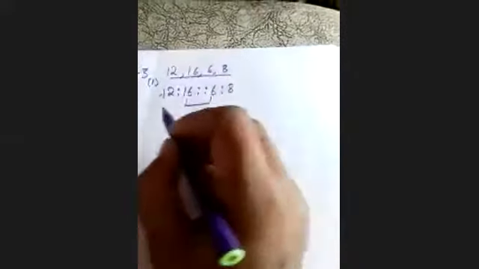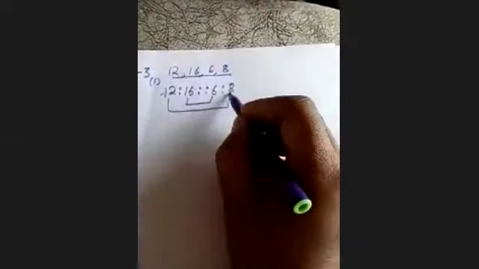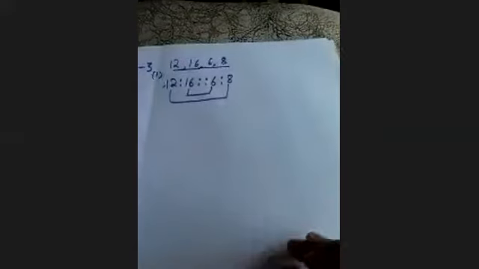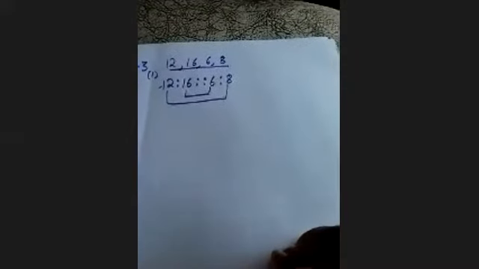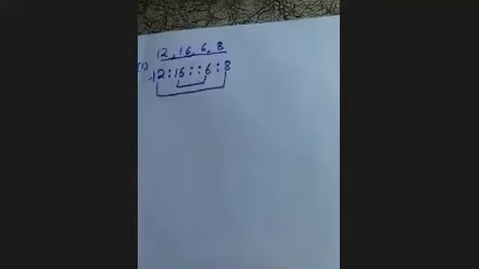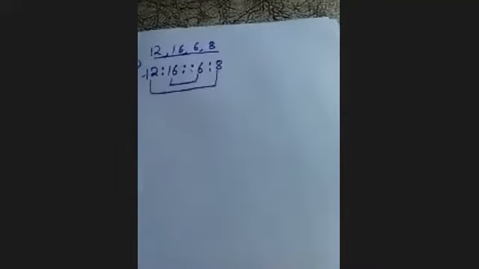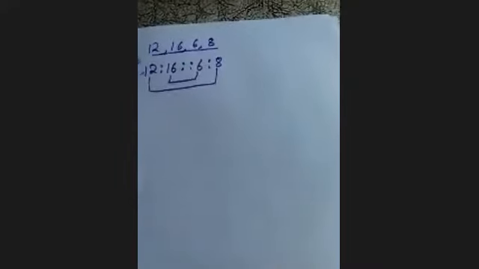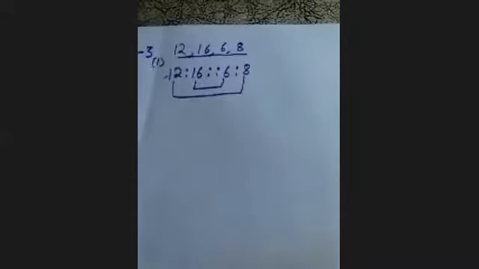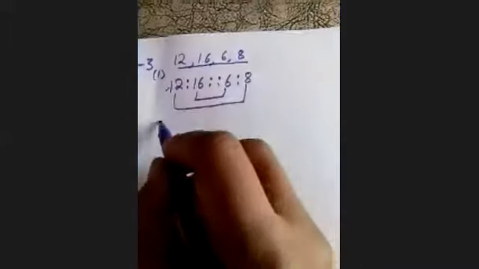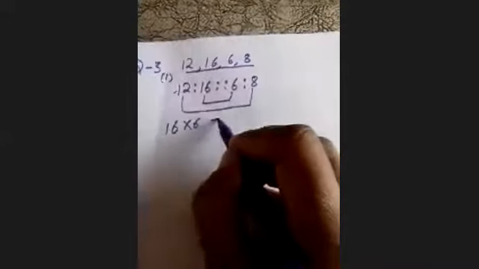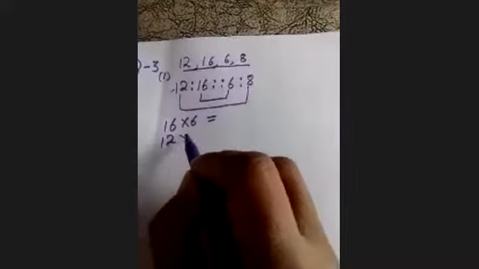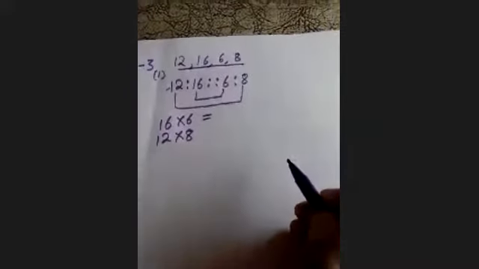Now find the product of mean terms and product of extreme terms. First, 16 multiplied by 6 and 12 multiplied by 8.